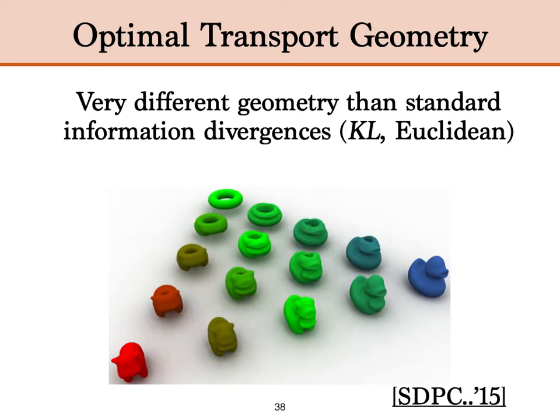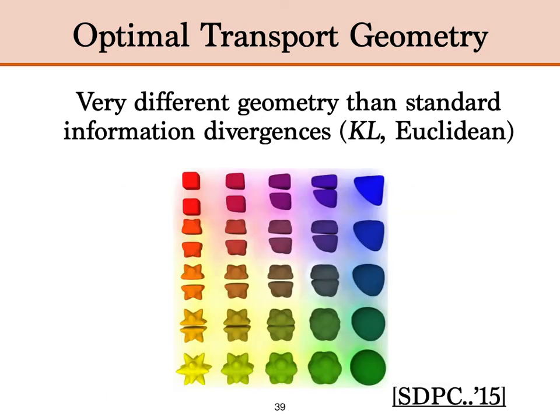And we were quite surprised to see that with such a weak geometric formalism as that of optimal transport, which only assumes distance between, here, voxels, we can actually get interesting interpolations. In this case, or for instance in this case, this was computed by my colleague Gabriel Peyré. This illustrates the fact that the geometry that you get is very different from, of course, that of the Kullback-Leibler divergence.